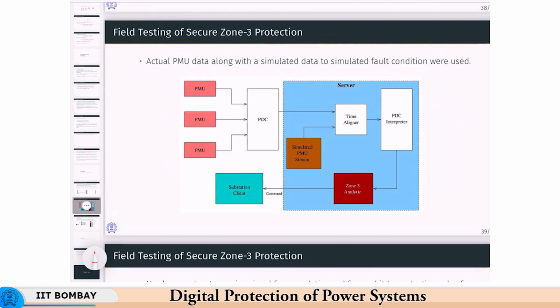Okay. So here this is the actual setup. Here the PMUs were streaming data to a PDC. This was the architecture of the server and the analytic here, and the Zone-3 analytic was implemented here and the result sent back to the substation client. Okay.